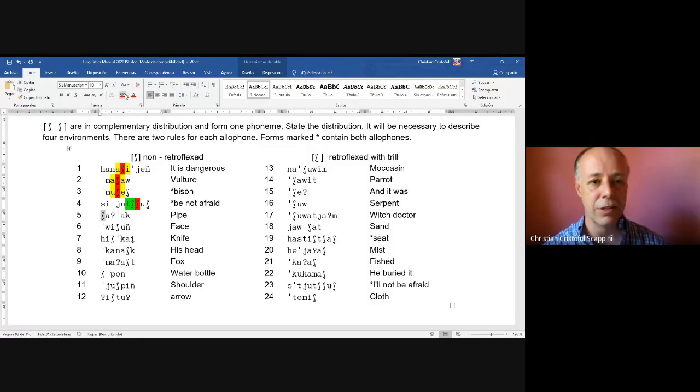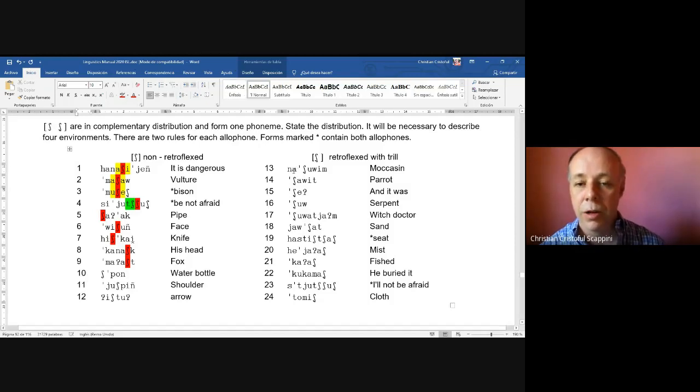Here we have it in syllable initial position too. And here we have it in intervocalic position. Number 7 is syllable final position. Number 8, syllable final position. Number 9, syllable initial, syllable final, like this.